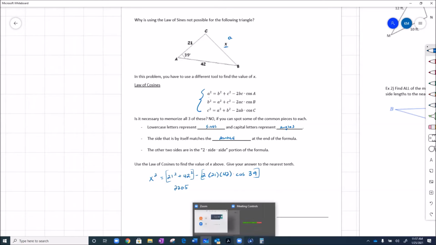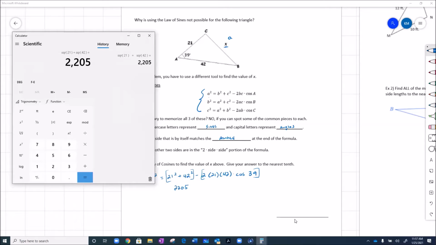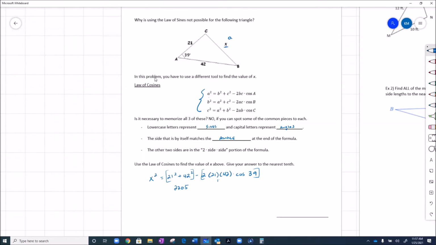And then on the other side, I've got 2 times 21 times 42, which is 1764, cosine 39.